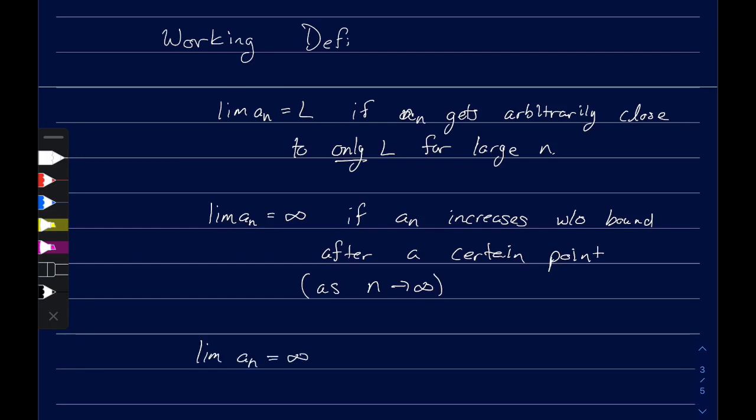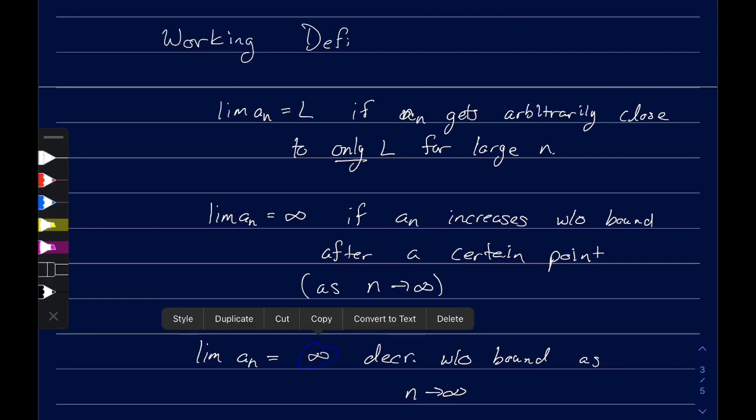And the same thing for the limit of a_n equal to negative infinity. So this is, it decreases without bound as n goes to infinity. And this is the limit equal to negative infinity.